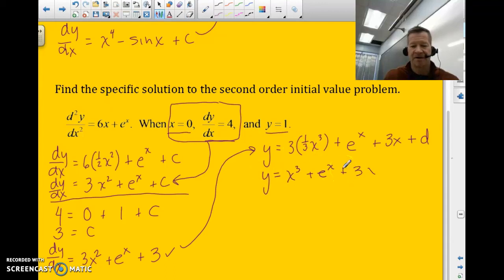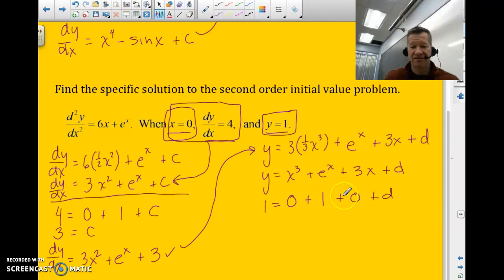So let's find d. Well, how am I going to do that? Well, when x is 0, y is equal to 1. So y will be 1 when x is 0. 0 cubed, 0. E to the 0, 1. 3 times 0, 0.